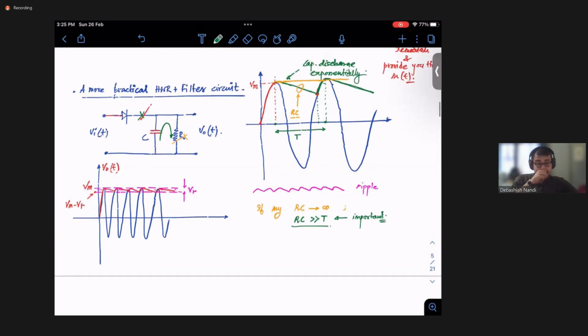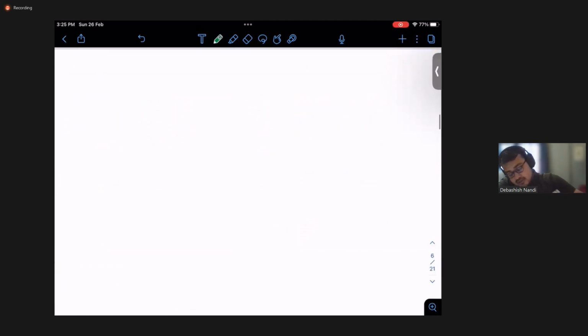Now we want to develop the mathematical tool to analyze this circuit, right? So let me again draw this circuit. This is your R, this is C, this is your diode, this is your input, and this is your output.